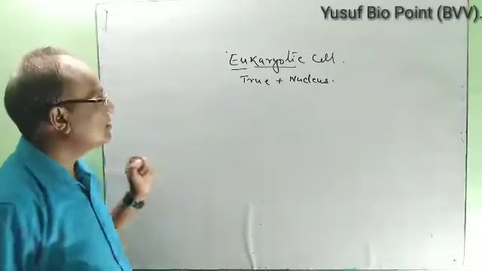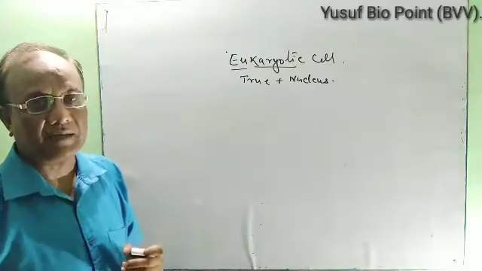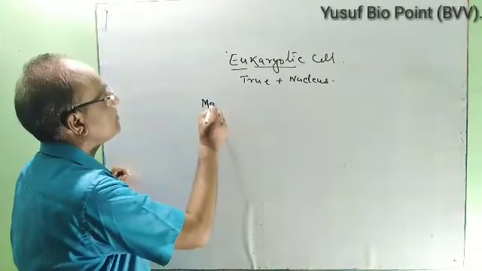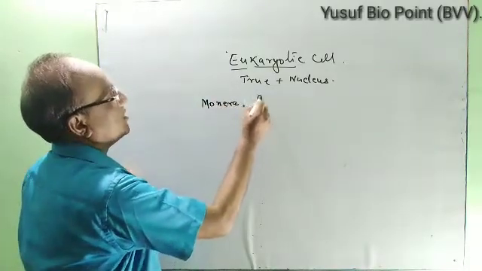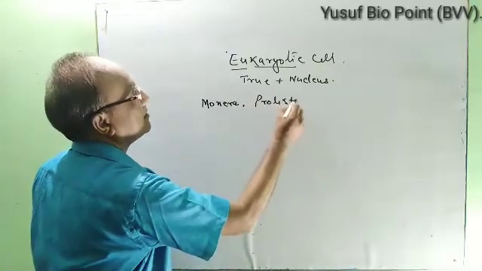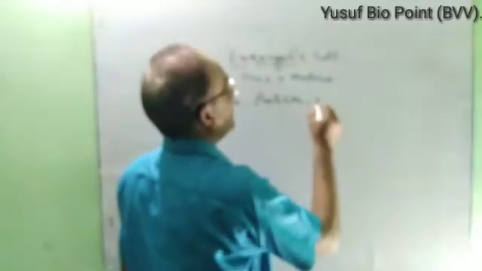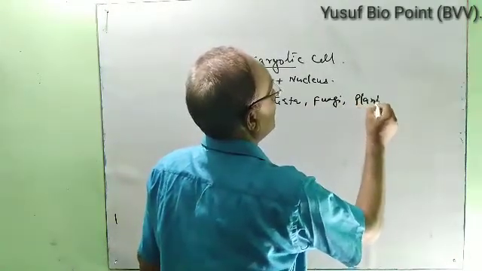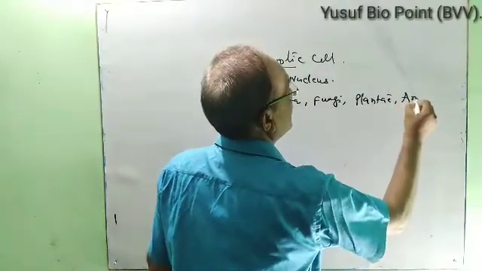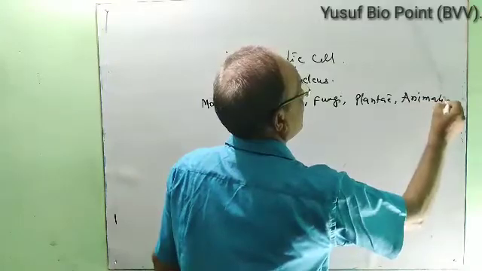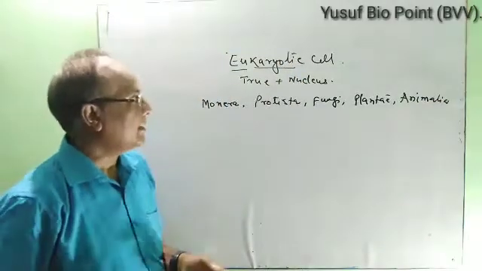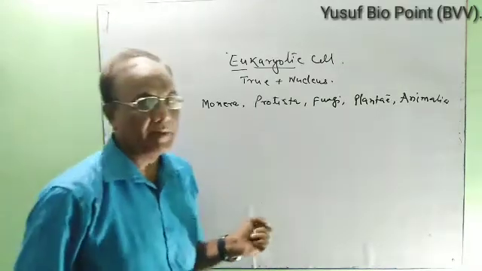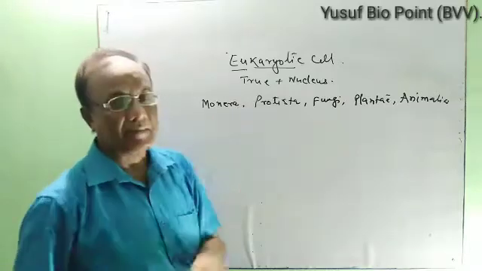According to the five kingdom classification, which was proposed by Whittaker, we know that livings are classified into five kingdoms.